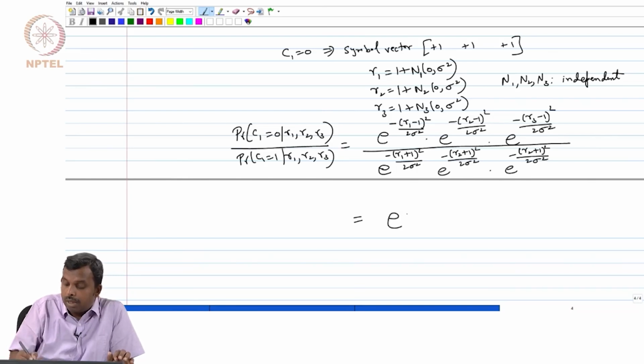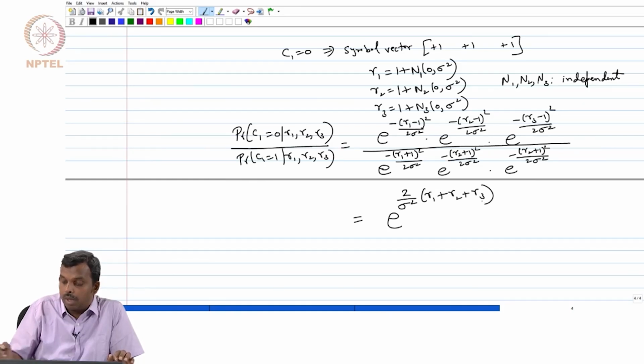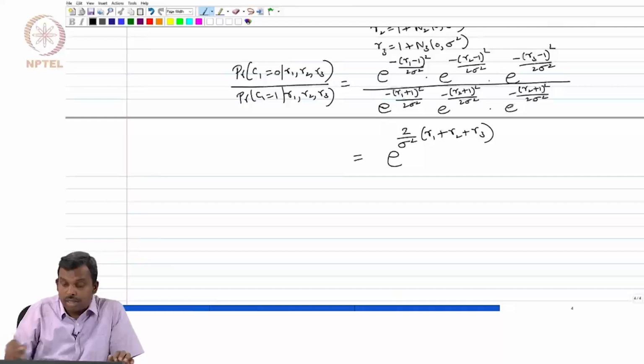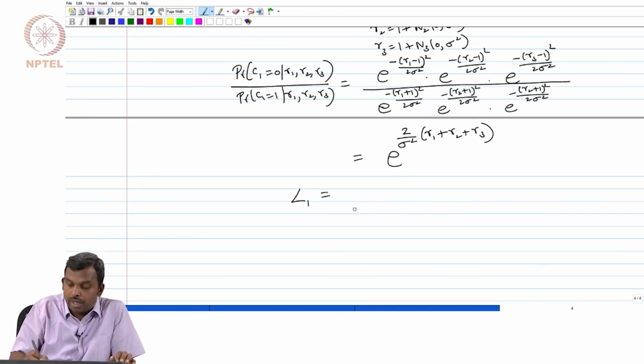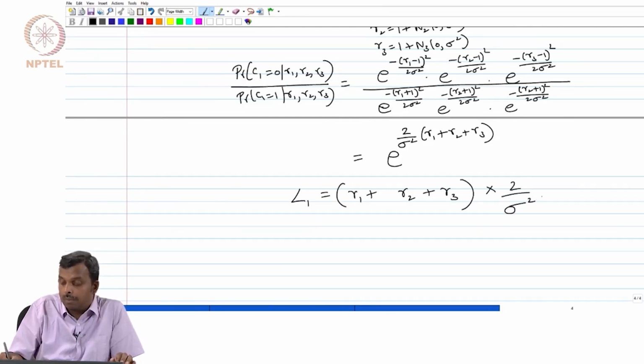You will get e power, a lot of things will cancel, you will get e power 2 by sigma squared times R1 plus R2 plus R3. Okay. So, if you take log on both sides, I will get L1 to be 2 by sigma squared, or maybe I will write the 2 by sigma squared on the other side because it is a positive factor, it does not affect too much. You get R1 plus R2 plus R3 times 2 by sigma squared.